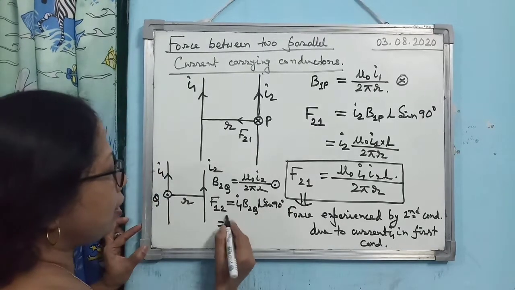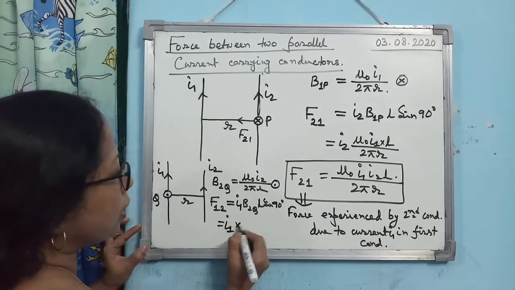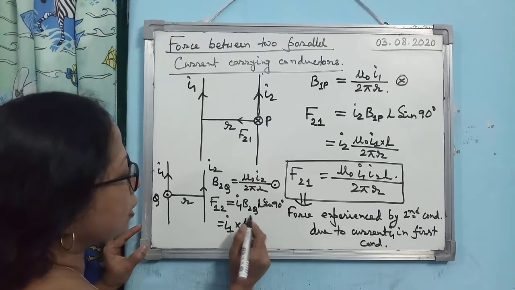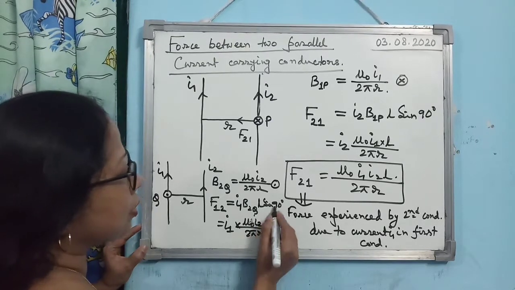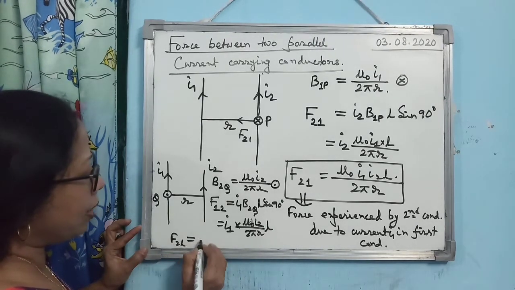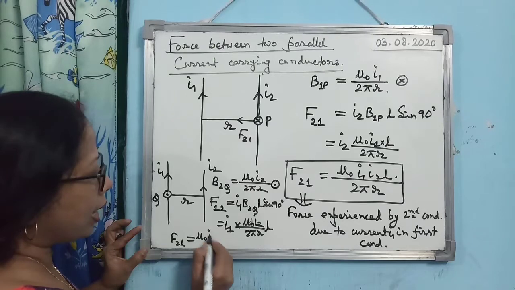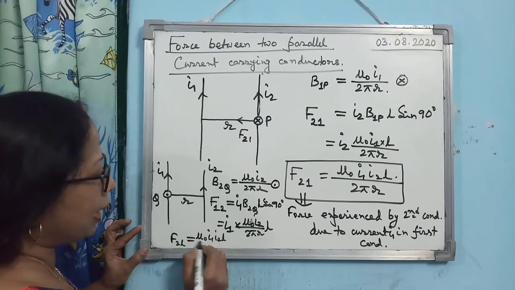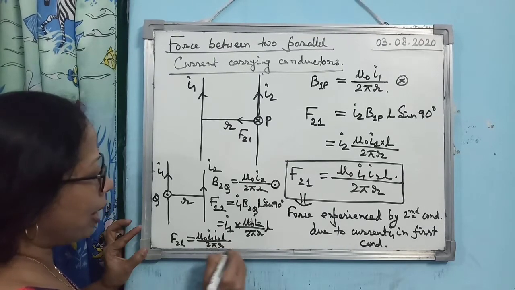So you see what is B2Q? Mu 0 I2 divided by 2 pi r, L into sine 90 degree. So what are you getting? F21 is mu 0 I1 I2 L by 2 pi r.